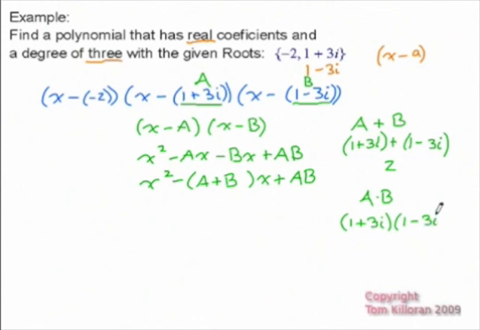Since they're conjugates, the middle terms, the positive 3i and the negative 3i, are going to cancel. So all we're going to get is 1 times 1 is 1, and -3i times positive 3i is -9i squared. But i squared just changes the sign of the number, so this is 1 plus 9, better known as 10.